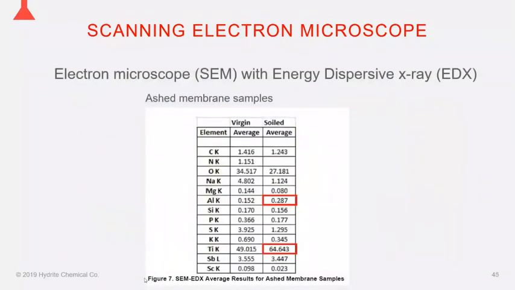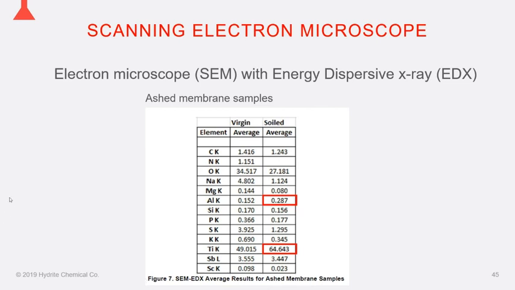What the SEM, scanning electron microscope, can also tell us, though, is sort of the composition of that sample. So when the electrons are hitting your sample surface, some of them are going to reflect and give you the image. Some of them are also going to cause the molecules to release X-rays. And the X-rays are going to be specific in frequency to what that atom is that it's made up of.